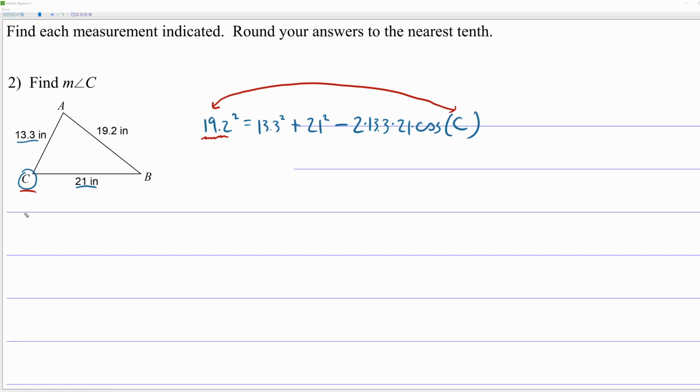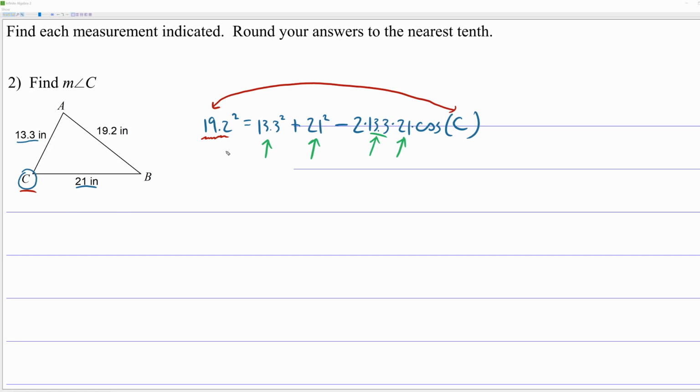And then everything else has to fall into place. Well, if the side 19.2 corresponds to the cosine of the angle we're looking for, then this side 13.3 and this side 21, and, well, this side 13.3 again and this side 21, that's the other two sides.